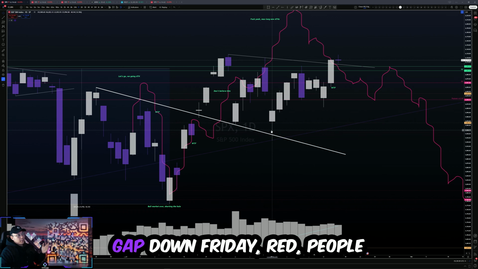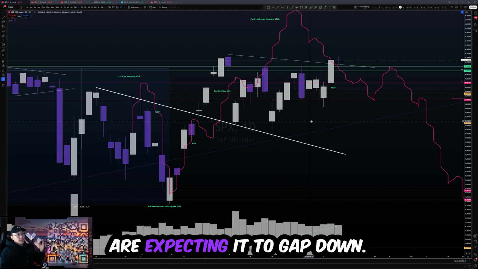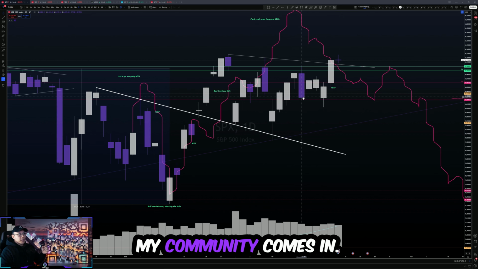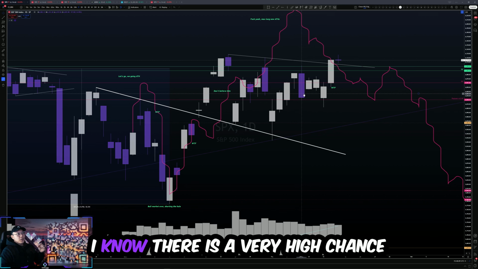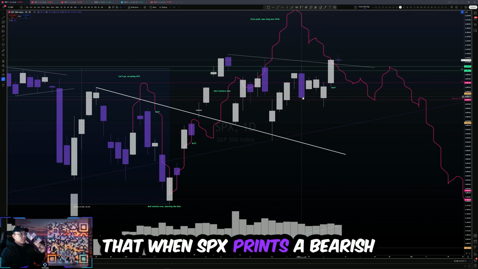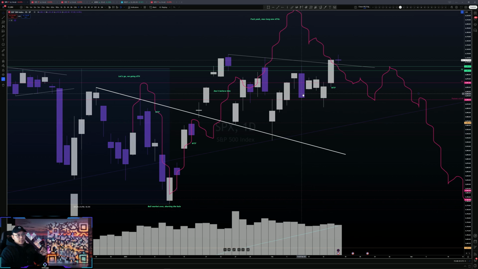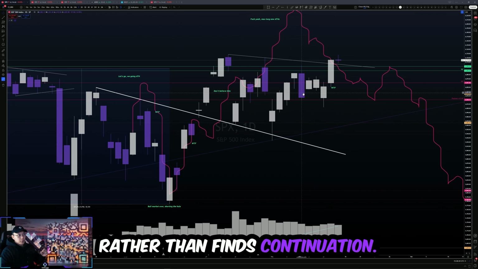Friday, red, gap down. Friday, red, people are expecting it to gap down. And this is where the alpha that I provided to my community comes in. I know there is a very high chance that when SPX prints a bearish engulfing daily candle, it bounces rather than finds continuation.